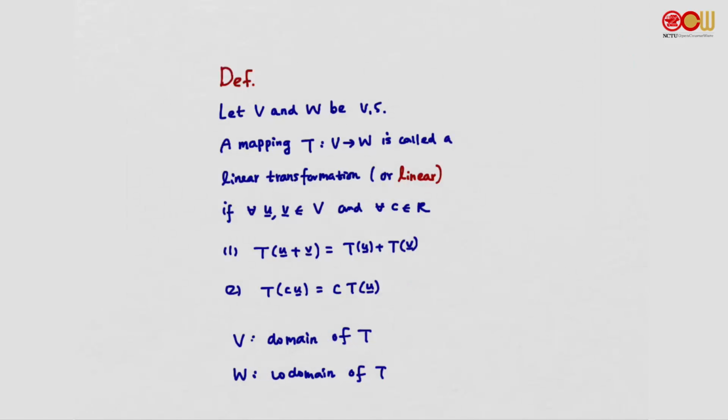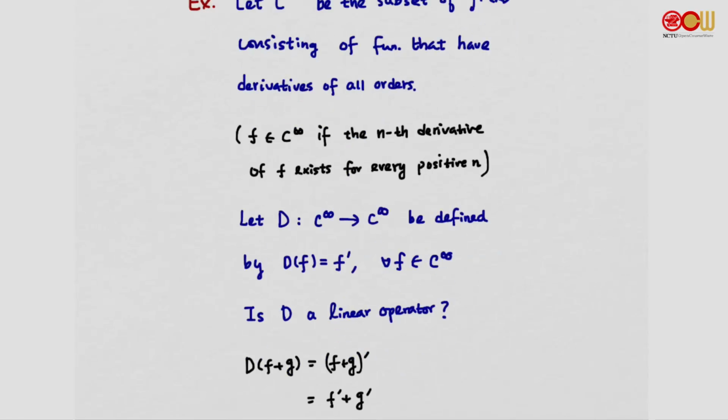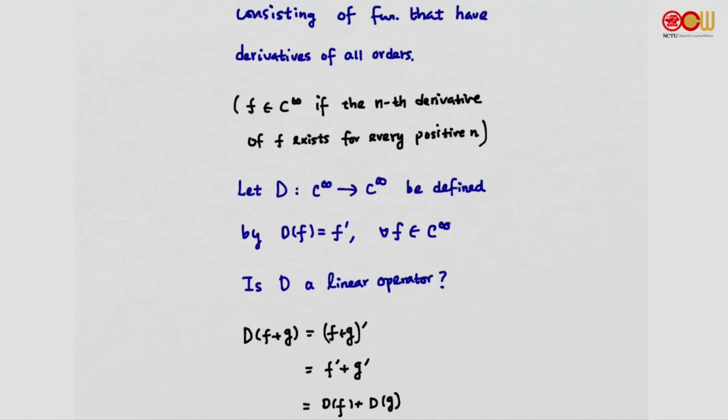If we want to show it's a linear operator, then we need to show it preserves vector addition and it preserves scalar multiplication. So we need to show the derivative of f plus g is the same as the sum of the derivative of f and the derivative of g. So f plus g, derivative of f plus g, the same as derivative of f plus derivative of g, and that's the same as D(f) plus D(g), so the first property is satisfied.